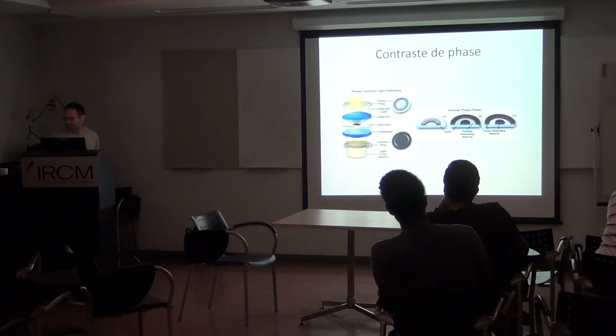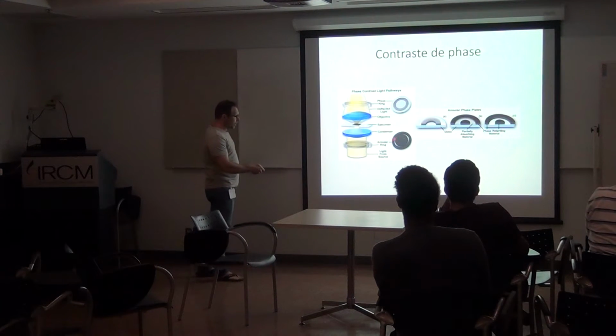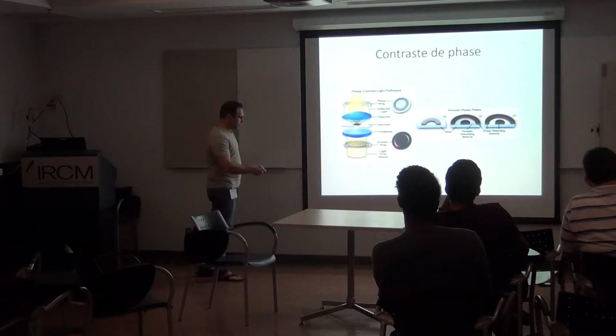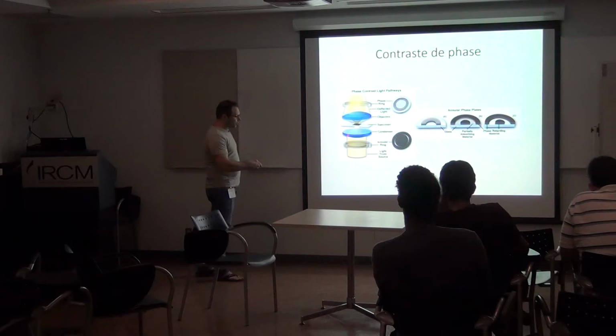So basically what you do, you use a ring, actually a kind of aperture that has only a ring slit that allows the light to go through.